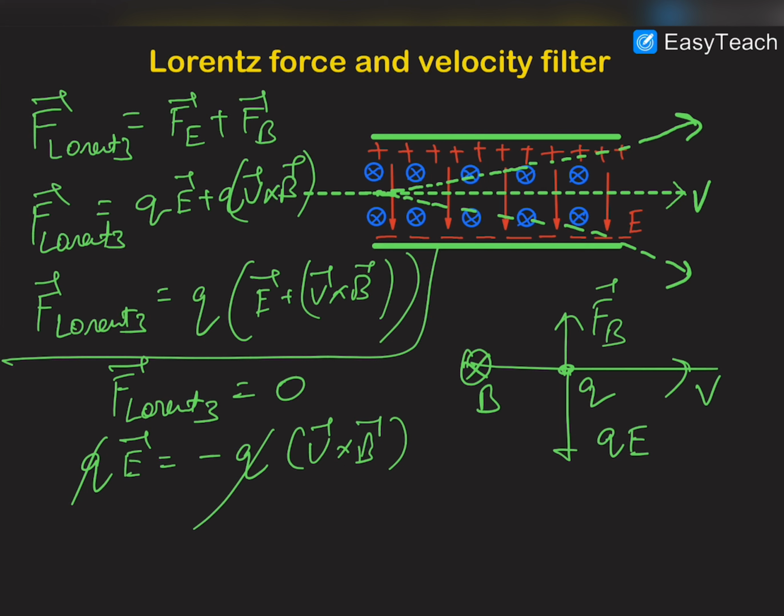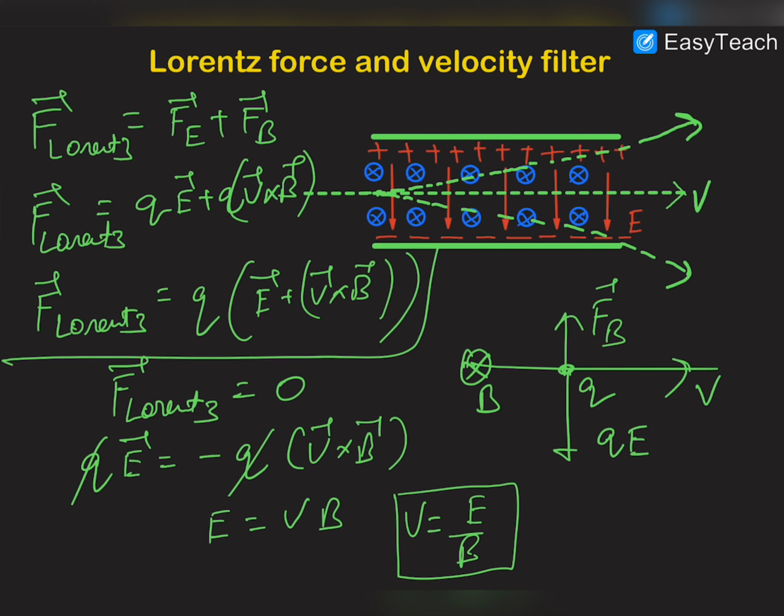So these two forces will be opposite to each other, and you can see that the velocity of the particle is perpendicular to the magnetic field, therefore in this cross product there would be sine 90. So if we equate the magnitude of these two, then we can say that E will be equal to VB and V will be equal to E by B.